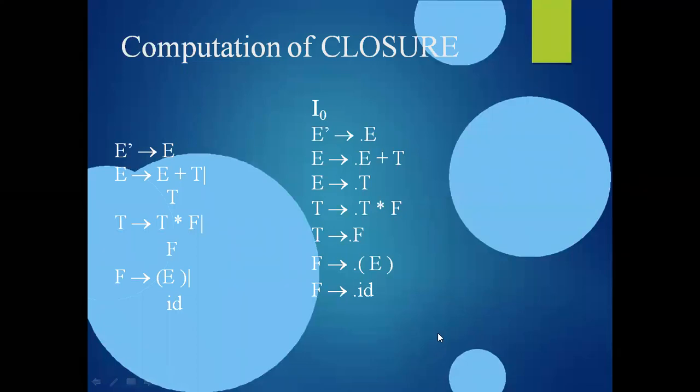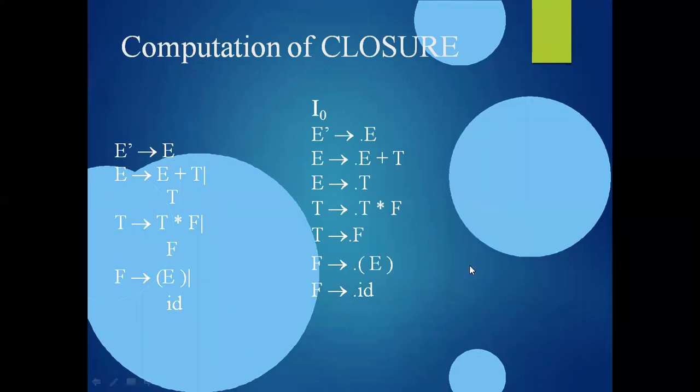After completing the goto function computation, we'll find the first and follow for the non-terminals, and then finally we'll construct the parsing table based on these goto function computations, and then we will draw the finite automata.